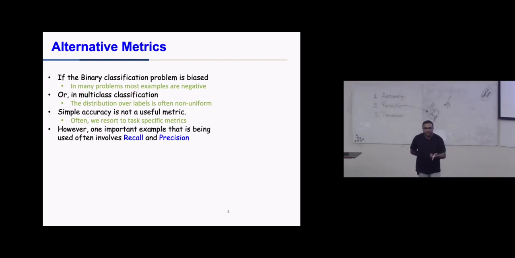Yes, go ahead. Take the average of the accuracy of each class. Yes, excellent ideas. Right? So here the problem is no matter how many times you say yes, there is no penalty. So you need to penalize saying yes when it's not actually yes.